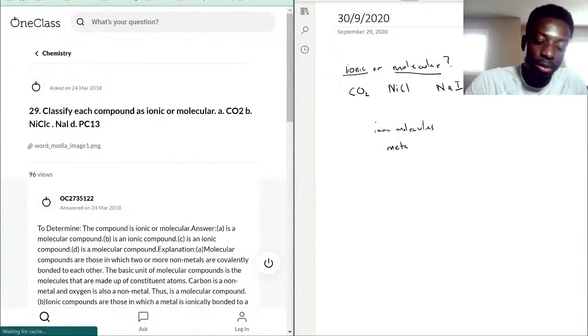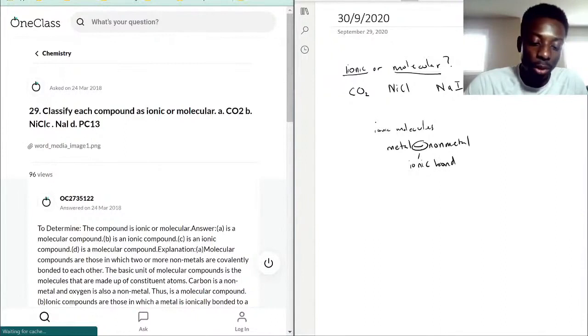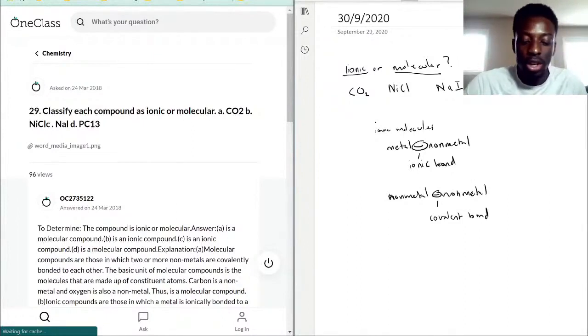So metal bonded with non-metal, and this bond right here is an ionic bond. And a molecular compound is when it's a non-metal and non-metal bonded together, and that right there is a covalent bond. Okay, so that's how it breaks down, and now I want you to classify them.